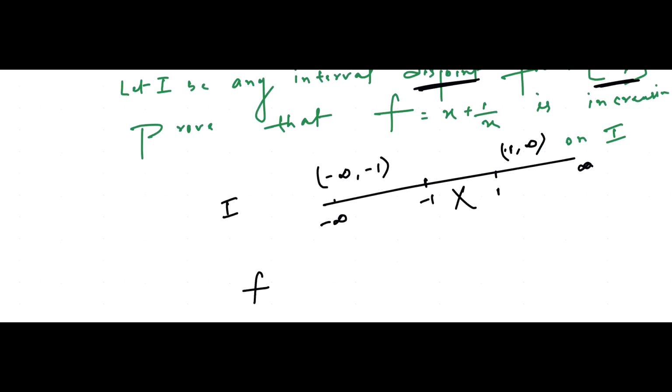The derivative of x plus 1 by x will be, Fatima, 1 plus minus 1 by x squared, which we can write as x squared minus 1 by x squared, right, Fatima? Yes. Let's try finding the critical points.